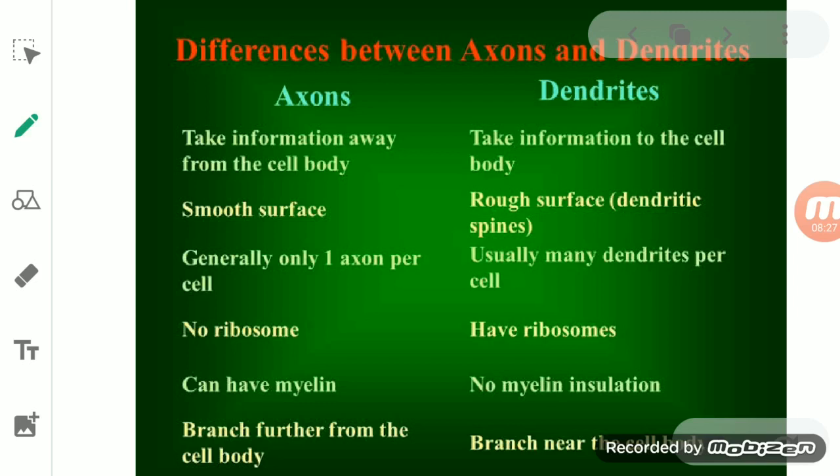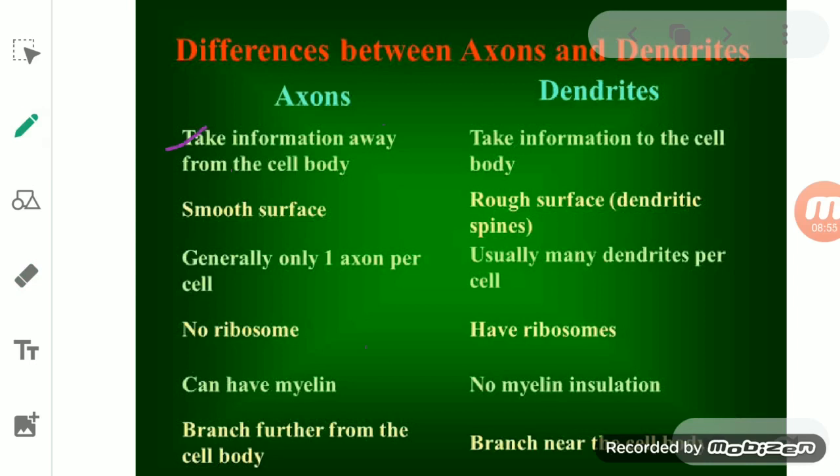You have seen the impulses come from different directions, so dendrites carry the information from different directions, and finally help in carrying the information to the cell body. While the axon carries the impulses away from the cell body, the dendrite carries the impulses towards the cell body. So this is the first difference.